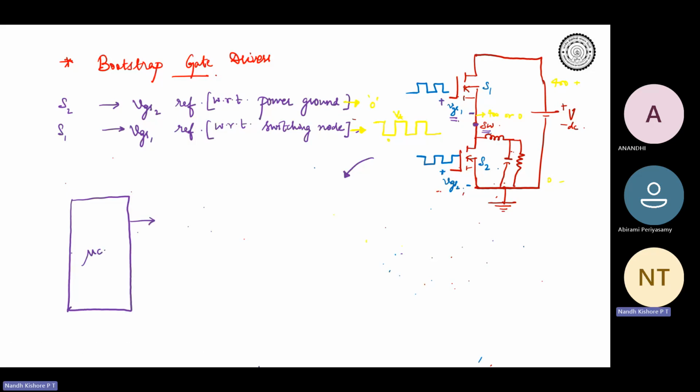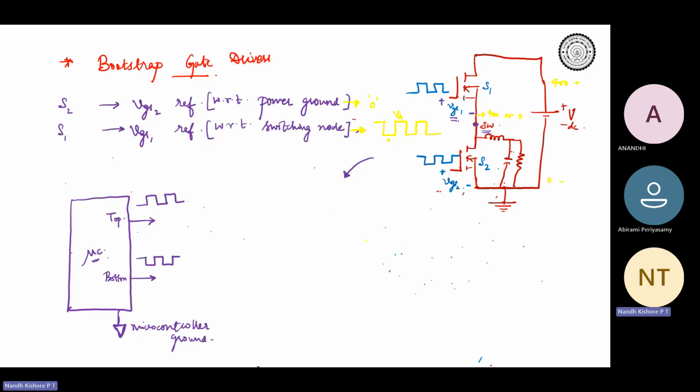You will be getting two pulses with respect to your analog ground or your microcontroller ground. So this is your microcontroller ground. One can be for the top device and one for the bottom device. So you can generate two pulses from your microcontroller.